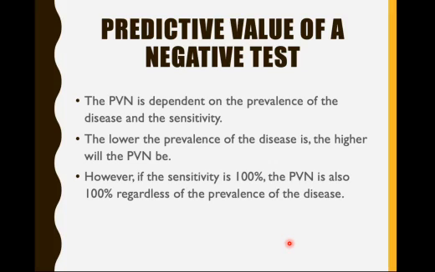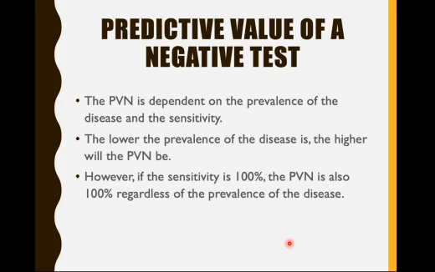Actually, some people have a mnemonic for this, no? SPIN means specificity, you rule in. So you need a highly specific test to rule in, and SNOUT, you need a highly sensitive test to rule out. SNOUT: sensitivity, out, to rule out.